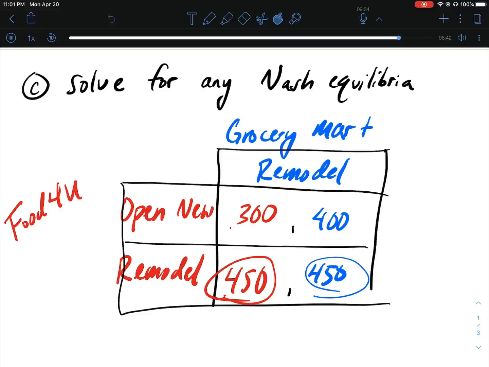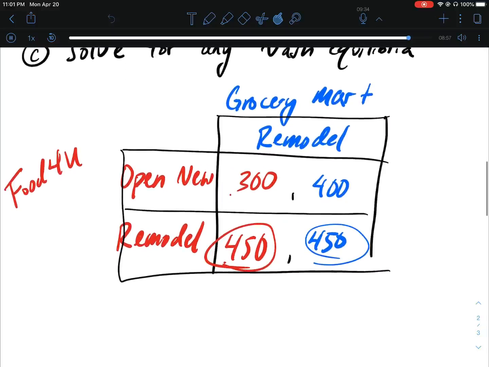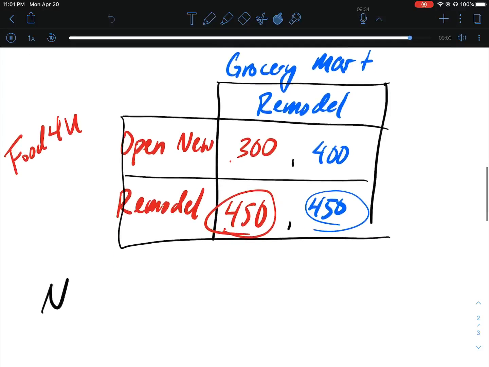Grocery Mart doesn't have an option here. They're always going to choose to remodel, so we end up having a Nash equilibrium down in that bottom cell there. No matter what Food for You does, Grocery Mart's going to choose to remodel, and so we end up at the equilibrium where Food for You chooses remodel.